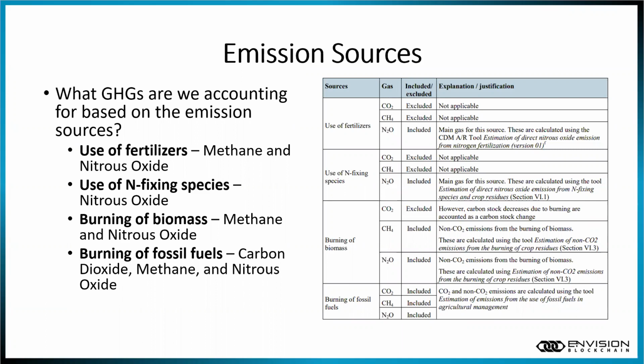So if it's included, it's going to tell you how it's being calculated and where it's coming from. For this specific project, it's going to be coming from the use of fertilizers, the use of N-fixing species, burning of biomass, and burning of fossil fuels. And we're looking at carbon dioxide, methane, and nitrous oxide.